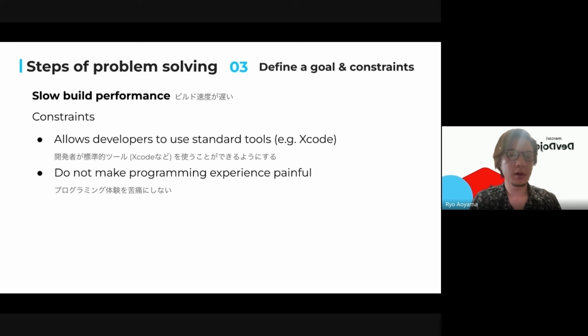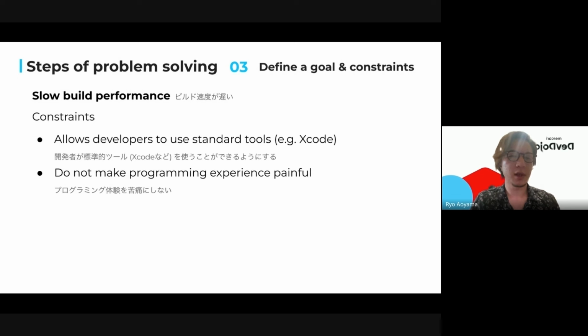Now, in terms of the constraints, we didn't find too many. Therefore, I guess this was not a great example of this part, but to improve the build speed, making changes to the build system will be a significant impact to the individual developer.